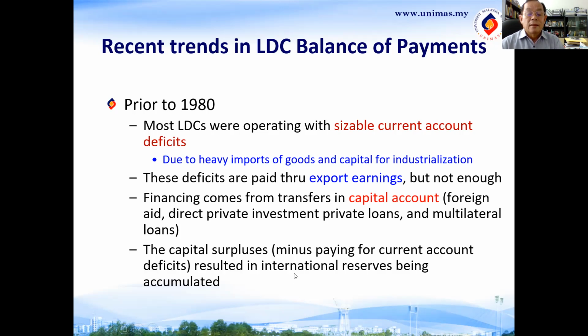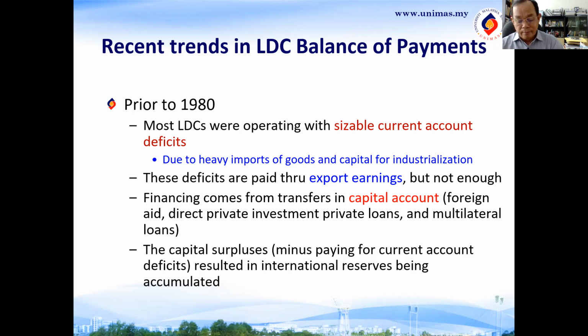So the capital surpluses, ya, modal yang berlebihan, after ditolak, minus paying for the current account deficits will result in international reserve being accumulated. Okay.